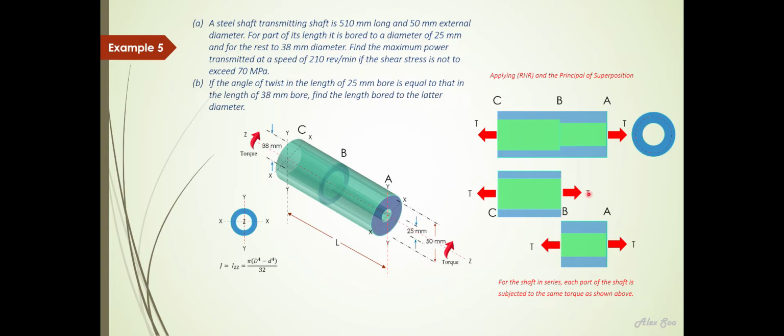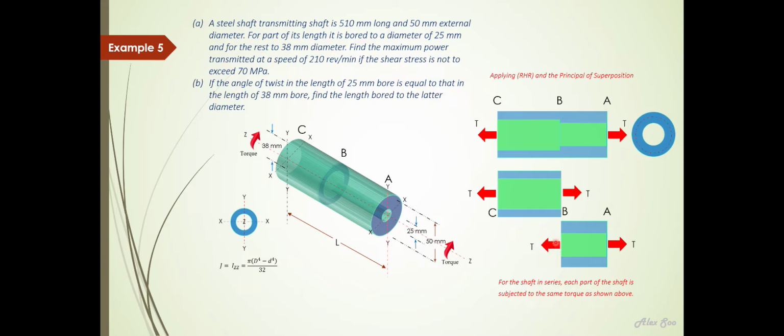So when you take T minus T, it will equal 0 here. We split it up into section AB and make sure that it is in equilibrium. So when you put a T at this end, you must have a T here also, so that it is in equilibrium.